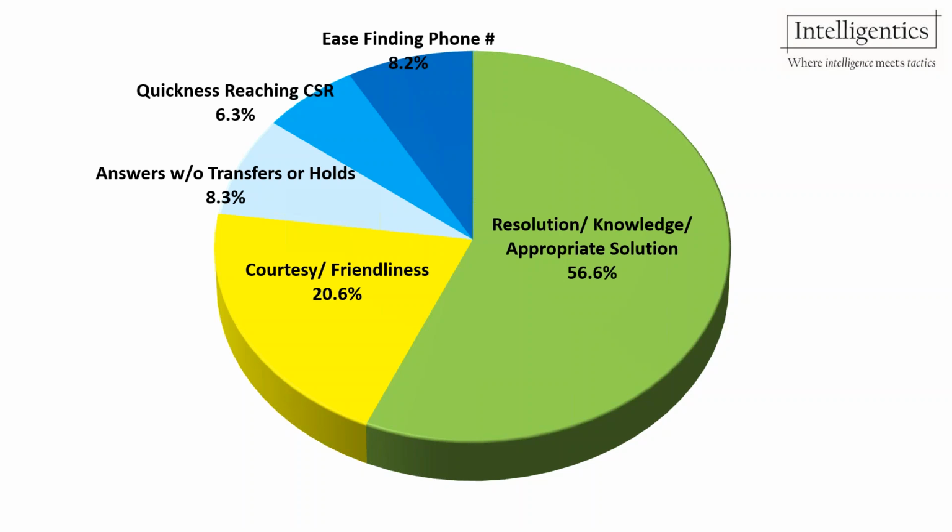And then when it comes to these access elements, again, quickness reaching a CSR, that might be something outside of that call, but maybe you have a component of that quality score that says, all right, Mr. Agent, you know what? On average, productivity level is 100 calls a day, and you're only making 80 calls a day.